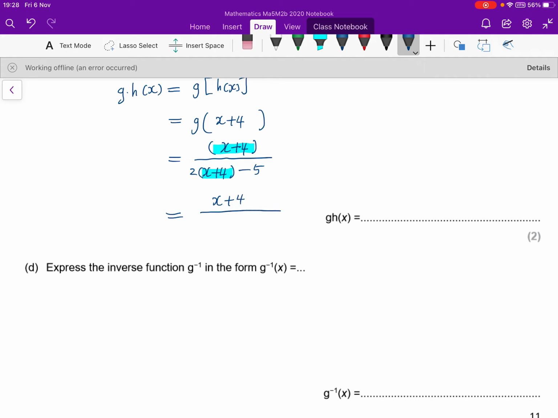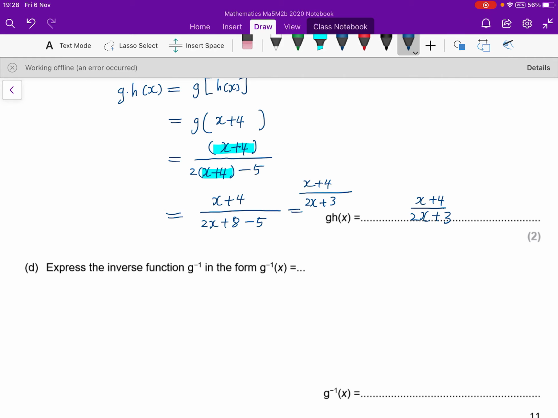And the denominator, you get 2x plus 8 minus 5. Can we simplify this? We get x plus 4 over 2x. What is 8 minus 5? It is 3. So gh(x) is x plus 4 over 2x plus 3.